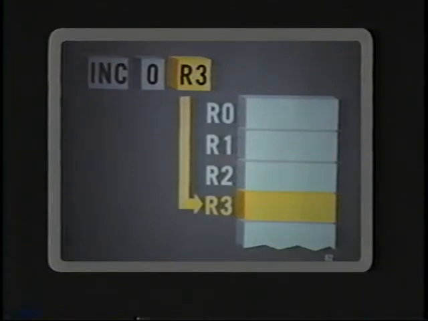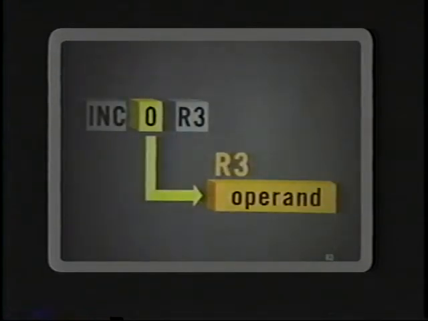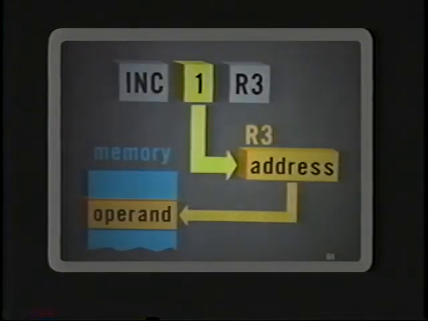In our example, it is register R3. The mode field then specifies how register R3 is to be used. For example, a 0 in the mode field indicates that R3 contains the operand that is to be incremented.